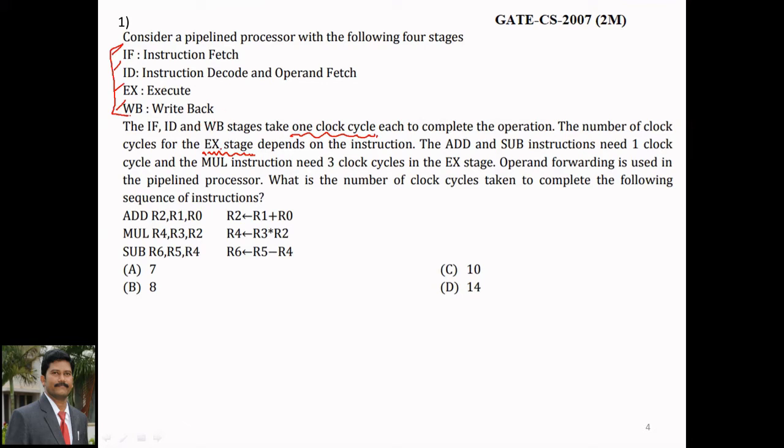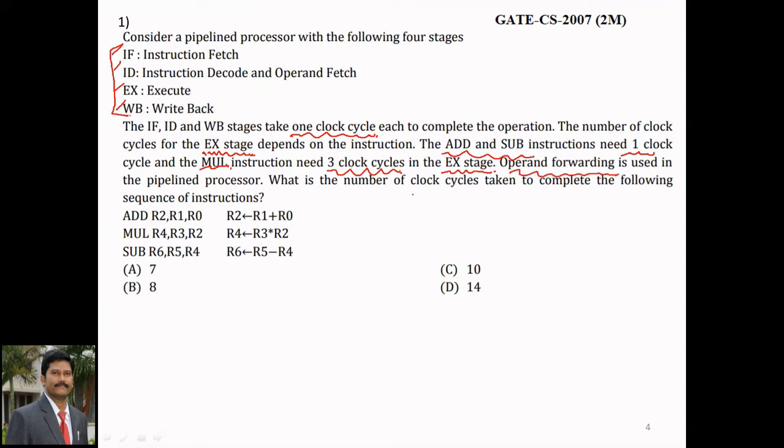But for the execution stage he has given that for add and subtraction it is 1 clock cycle, for multiplication it will take 3 clock cycles. That means 2 extra clock cycles in the execution stage. So this information is given, and one more piece of information is that operand forwarding is used in the pipeline processor.